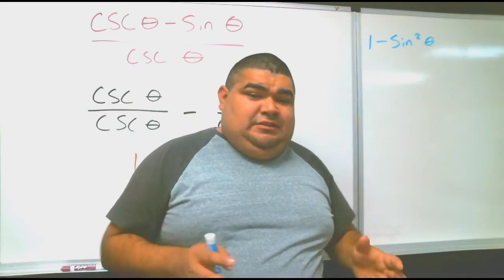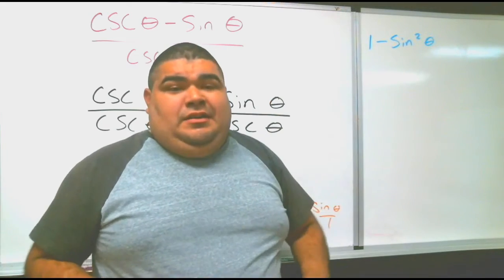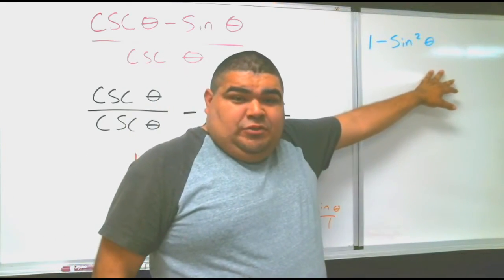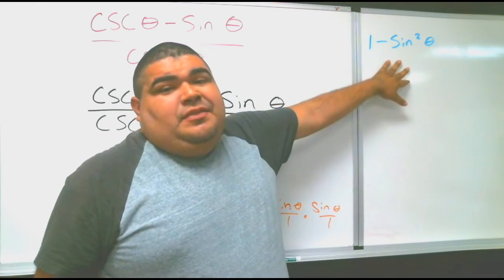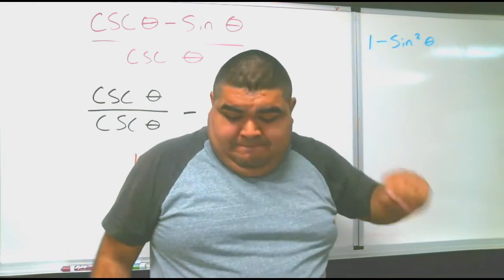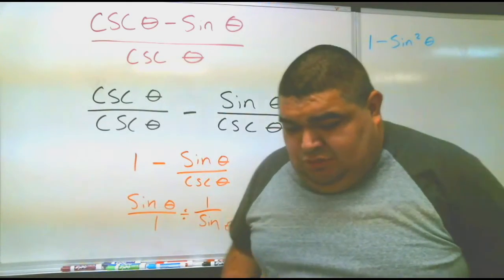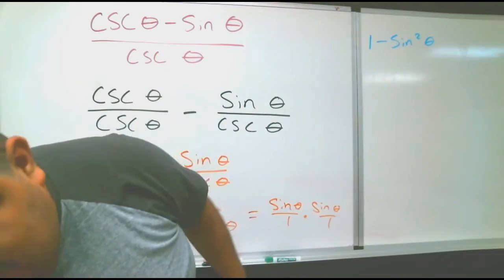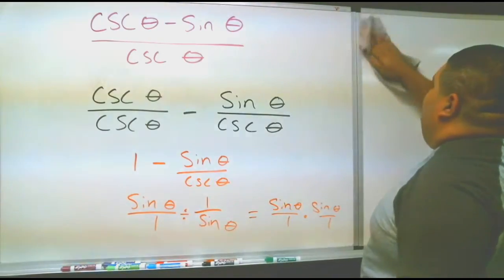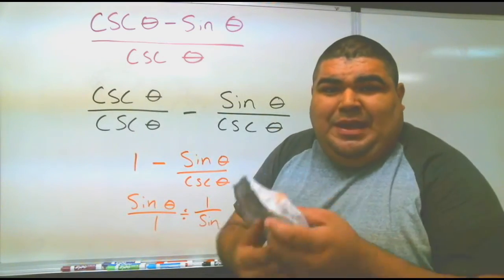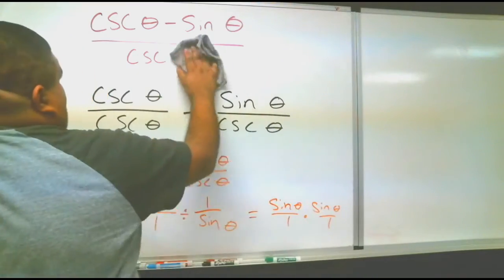If you can convert it to just a simple term, that is fine. But here, since we cannot convert it to one term, it's still going to be 2 terms. We're just going to leave it as 1 minus sine theta squared. All right, so let's do one more just for that practice. Make sure you have everything written down. If you didn't, go back on the video, pause the video a little so you guys can write down all the notes.